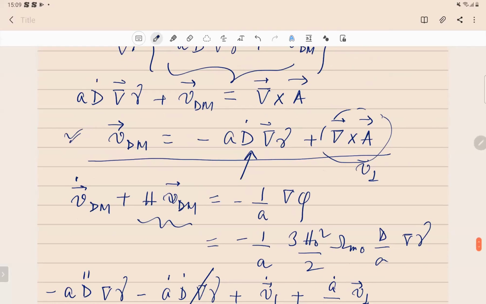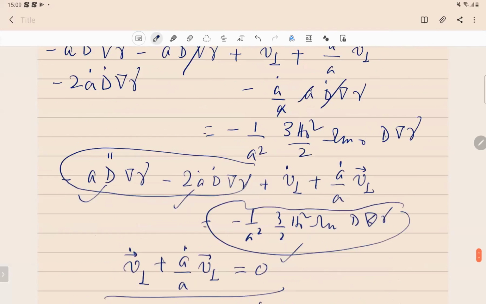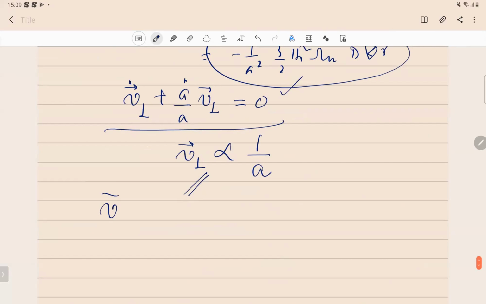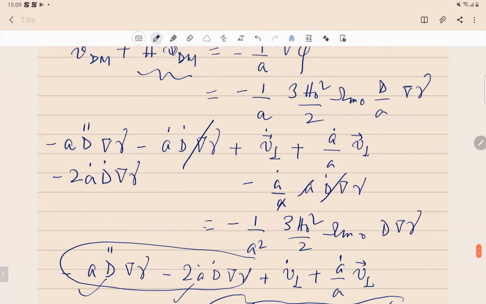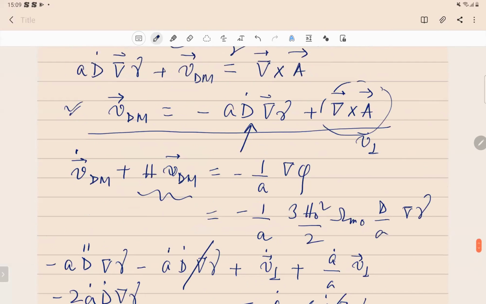So you will only have this term, which is the curl free term; this divergence free term, which is curl of a, will disappear. So v dark matter will then be just a term which is curl free, because the divergence free term, which is v perpendicular, we have just shown that it decays off.